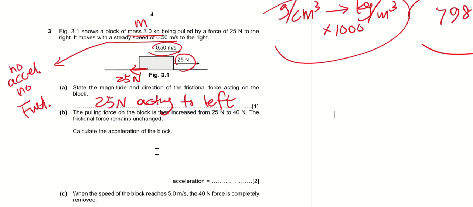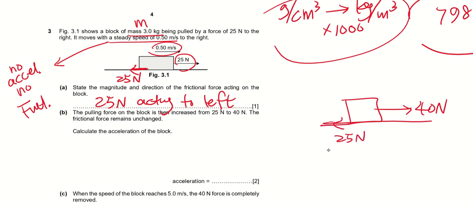Okay, then next part of the question, the pulling force on the block is then increased from 25 to 40. So let me now draw the new free body diagram. 40 Newton. And assuming it's still on the same surface, I'm going to have a frictional force of 25 Newton still. Any other forces acting in a horizontal direction? There isn't any.